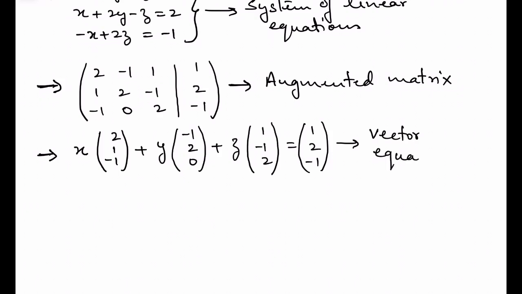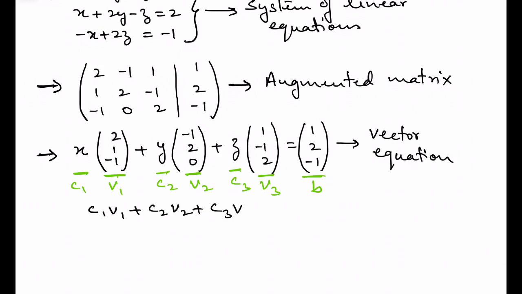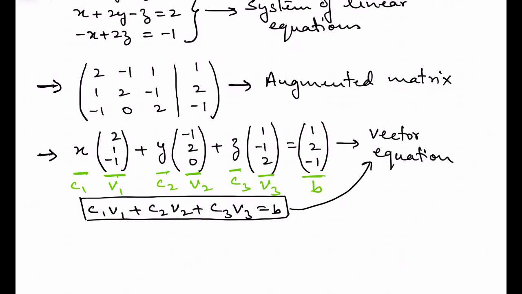where this is c1, this is v1, this is c2, v2, c3, v3, and this is b. So we can write c1v1 plus c2v2 plus c3v3 is equal to b, which is the representation of a vector equation.